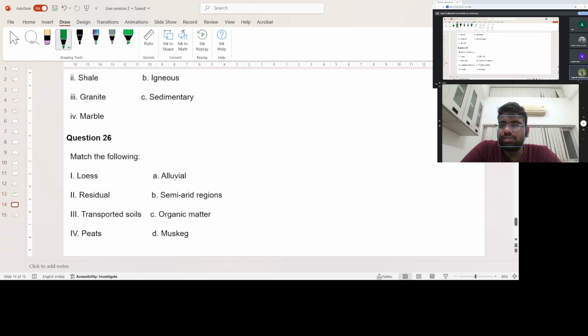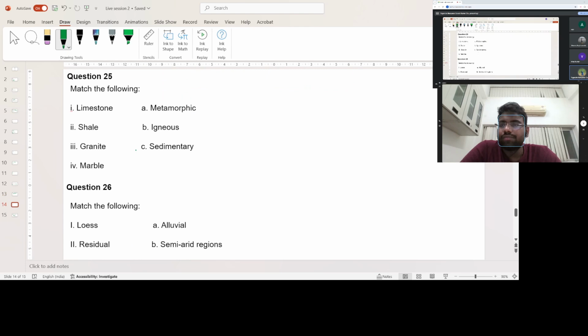So moving to the next question. Here the left column specifies several rocks, and the right side is the geological classification.